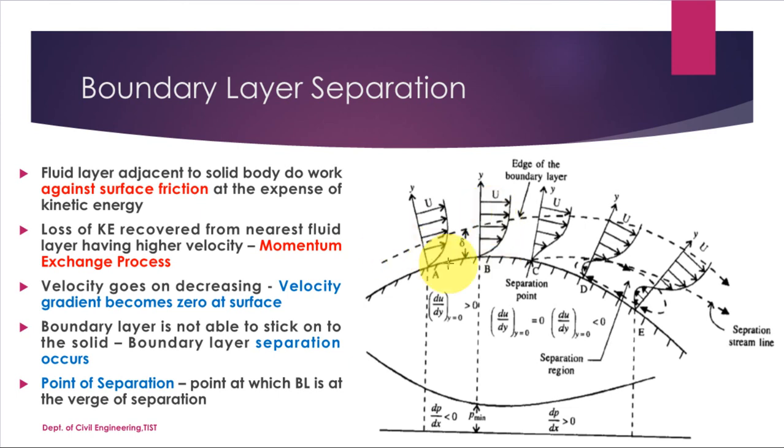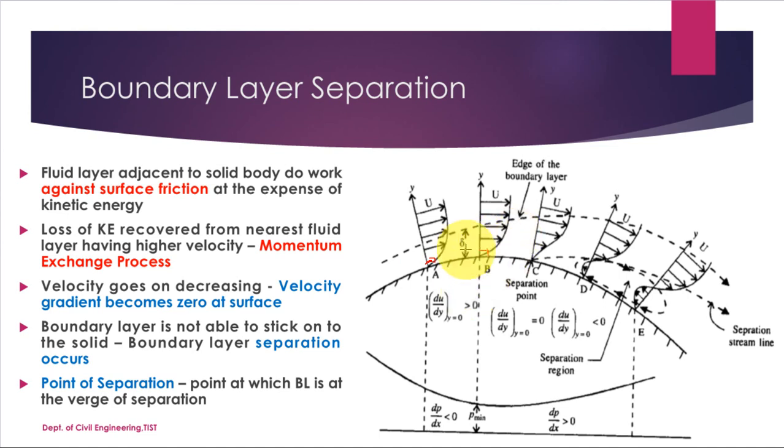friction. Okay, so when they do work, their kinetic energy is reduced. They are losing their kinetic energy and going forward. So what happens is, consider this layer. Okay, this fluid layer, and when this fluid layer is moving forward, it is losing its kinetic energy.